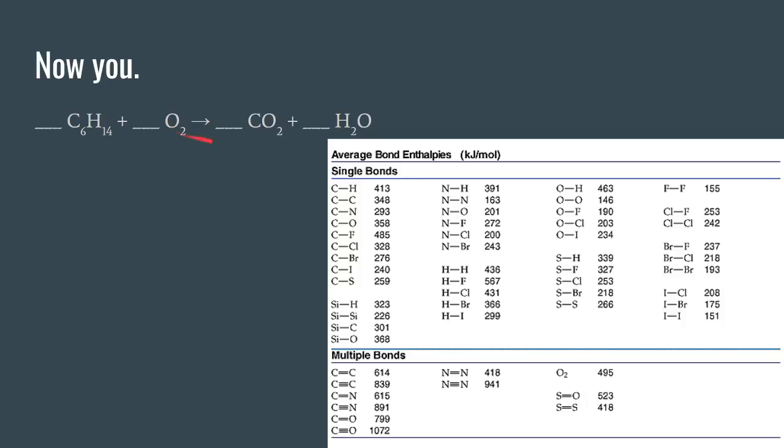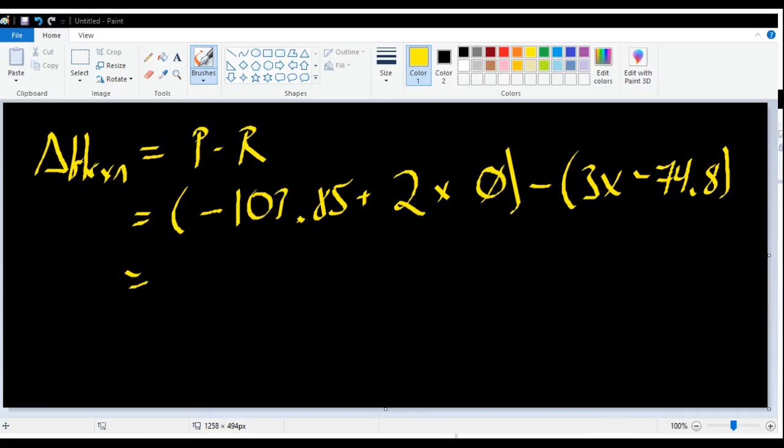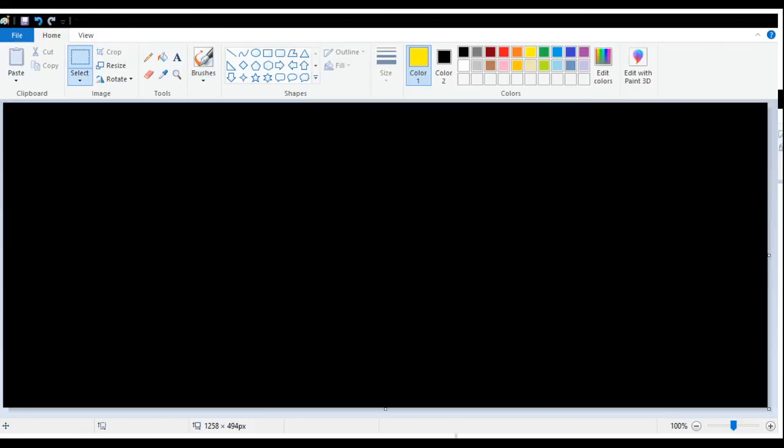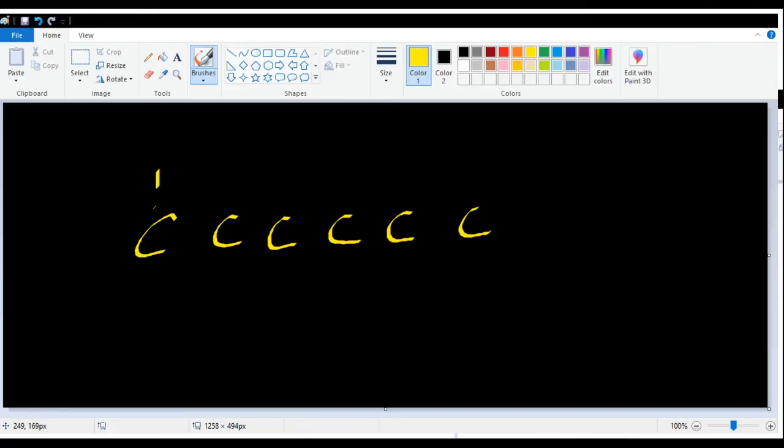All right, so here's an example. Hexane plus oxygen makes CO2 and H2O. Just real quick, let's hop on over to Paint so I can show you what hexane looks like.